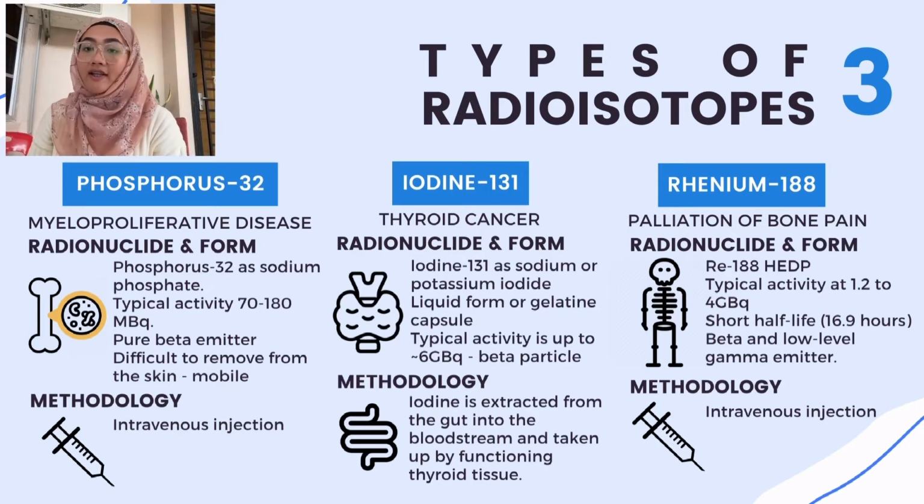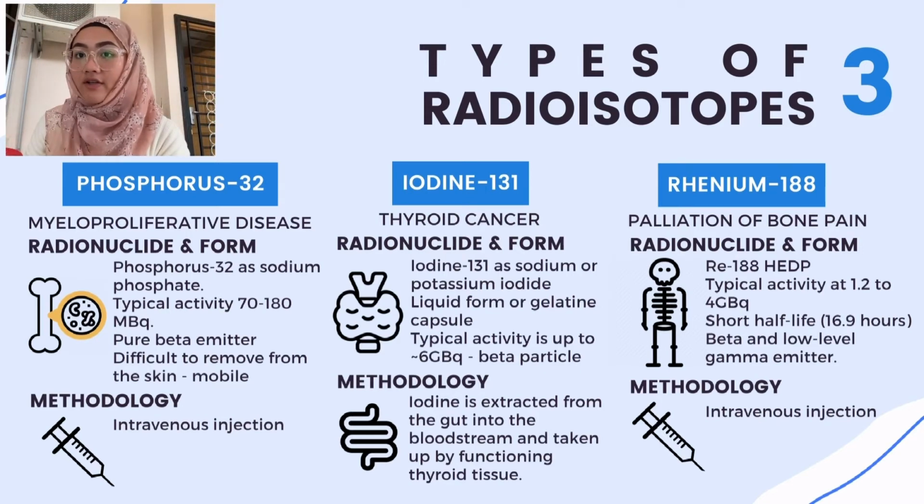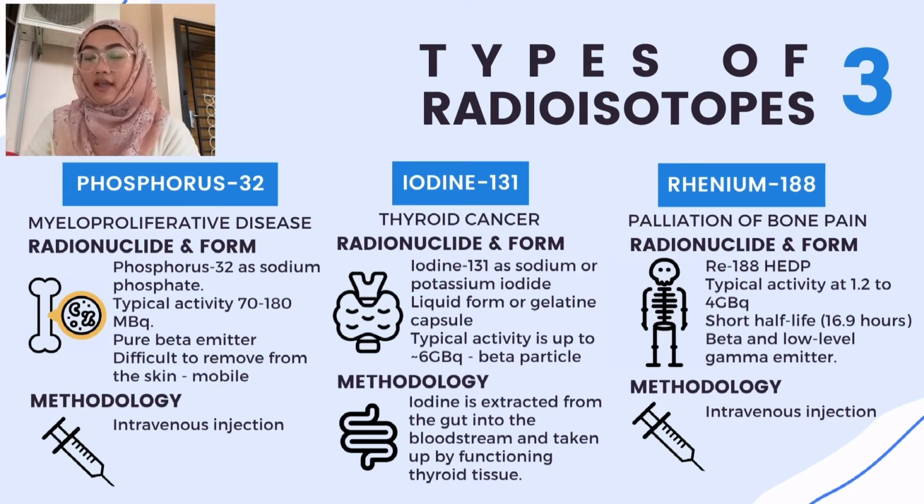Keep in mind that it is a pure beta emitter and its typical activity is around 70 to 180 megabecquerel. The external radiation is low due to bremsstrahlung, and phosphorus-32 can be difficult to remove from our skin, and it has a mobility to migrate through our skin. The methodology for this treatment is intravenous injection.